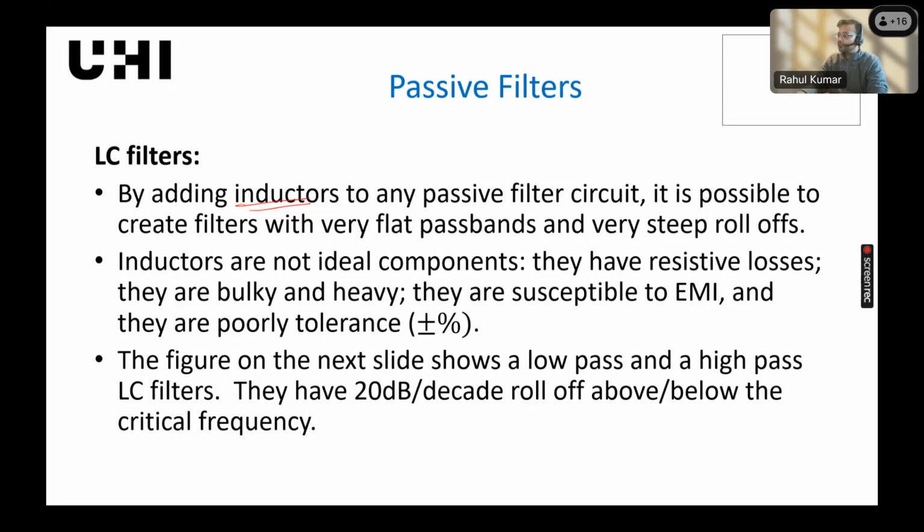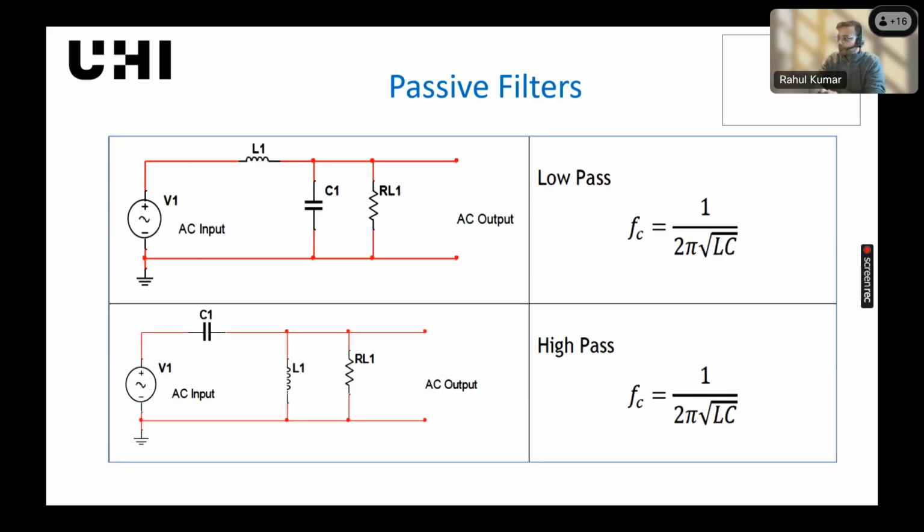So we can use inductors, but they are not perfect because they have some internal resistance, are susceptible to electromagnetic interference, and have poor tolerance. So this is how we can implement filters using inductors.